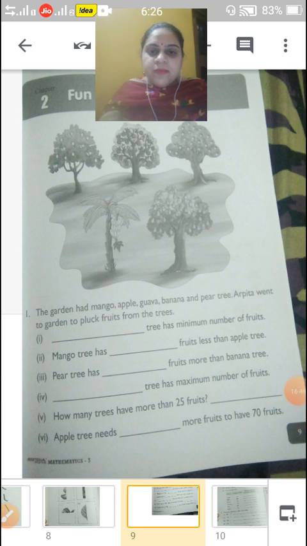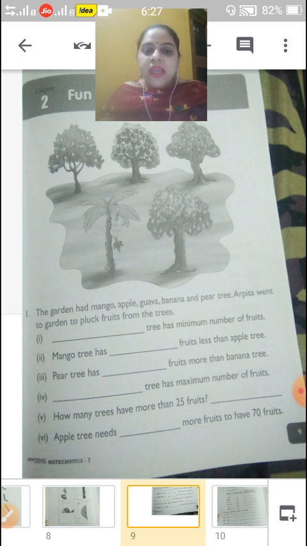Now, children, chapter number 2, fun with numbers. Your first question. The garden had mango, apple, guava, banana and pear trees. Arpita went to the garden and plucked fruits from the trees.